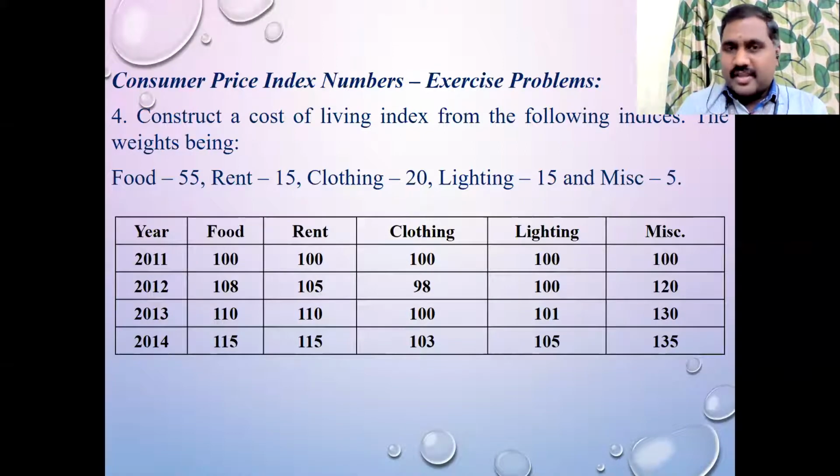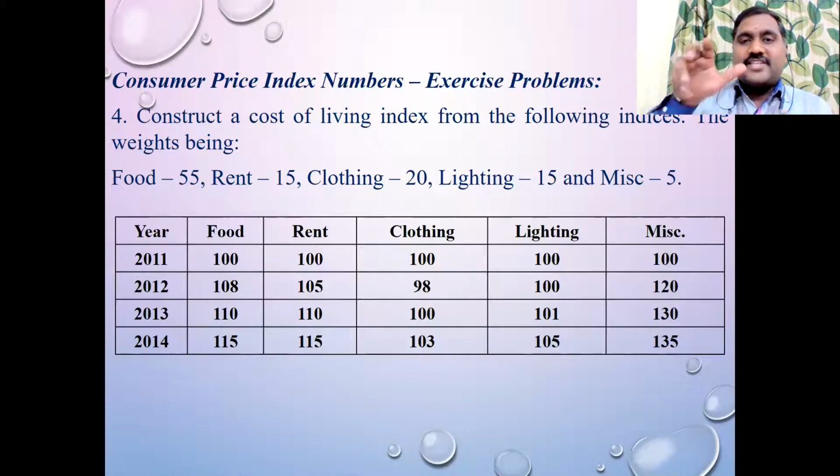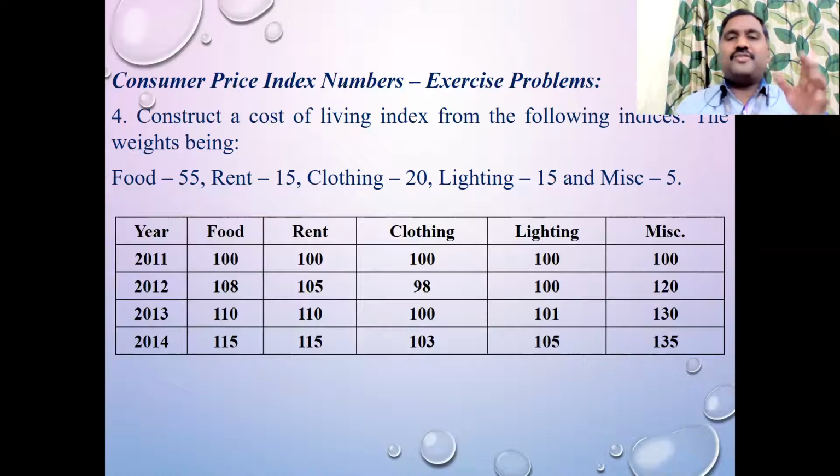This is also the same, but here they would have confused you by interchanging the row and column. Previously, in the previous problems, they used to give the items on the left hand side, and the quantity, price, value for the year on the right hand side, like a column. But here they are interchanged. Now you can do the same work.